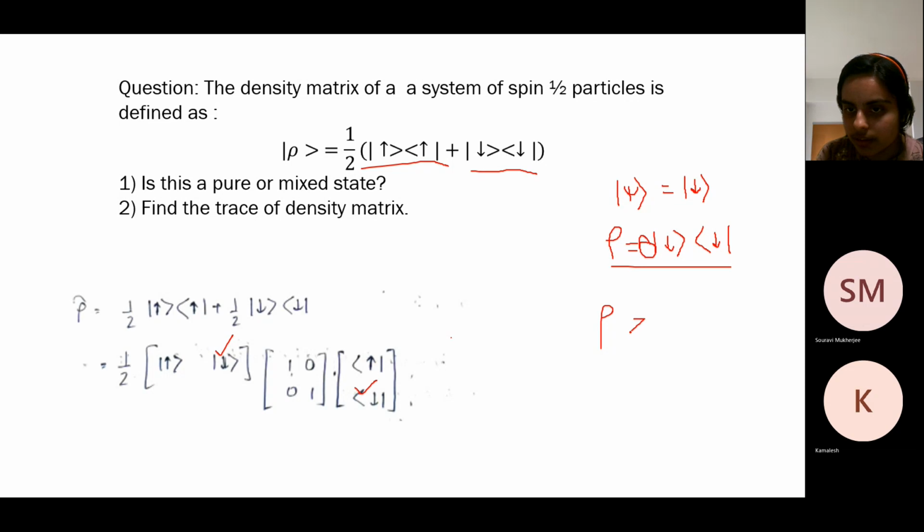Right. So what should be rho? The rho should be 0, 0, 0, 1, right? Correct. And then if you put this rho in this format, with up, down as a column matrix and a row matrix, and in between you put 0, 0, 0, 1, what you get is this, right?